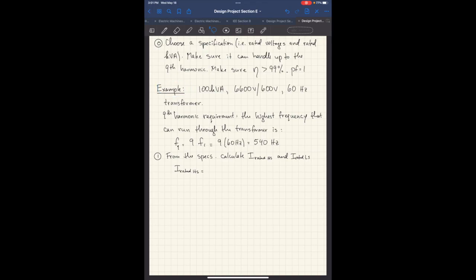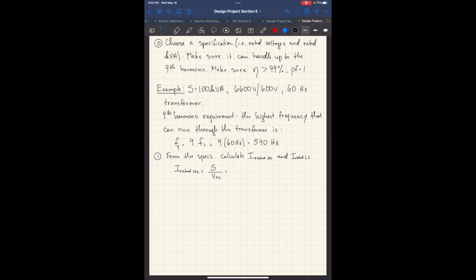Right, S rated is the 100 kVA. So I rated is just going to be your S rated divided by V high side rated. The equation I was looking for, by the way, was S equals VI.